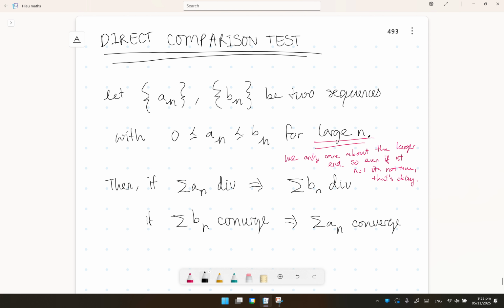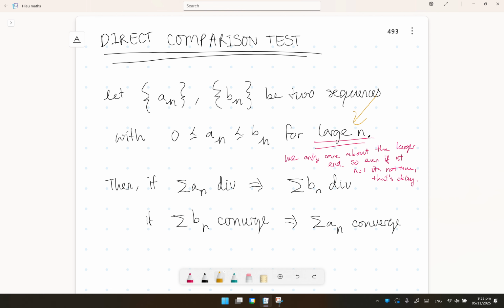And I want to bring your attention to this condition: it only matters for really large n's. Later on in one of the examples, we'll bring up a case where this condition isn't true until a specific n. But that doesn't matter, because what matters is when n is really large and you're getting really big numbers, and that's when we're able to do the squeeze, to be able to compare.